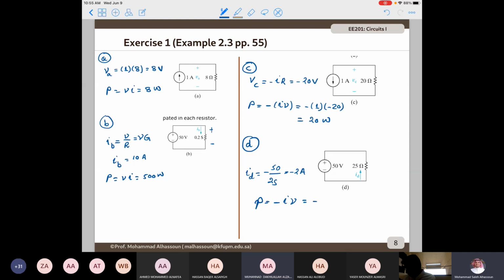Sorry, 100 volt, 50, and this is going to be 100 watts. Exactly. So you notice here that the power is always positive, which makes sense because the resistor always dissipates energy.